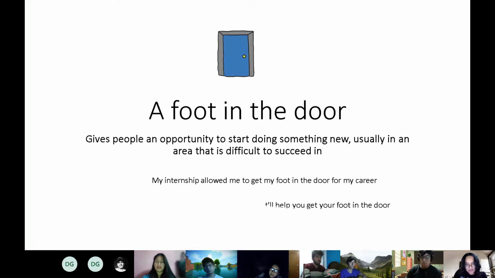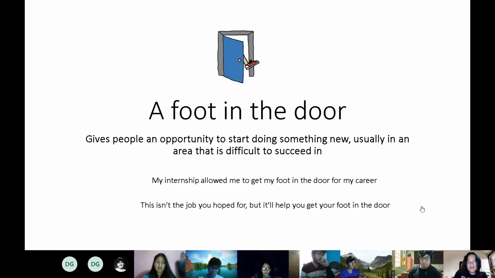And the other one: this isn't the job you hope for, but it will help you get your foot in the door. According to these examples, please write down your own examples, okay?